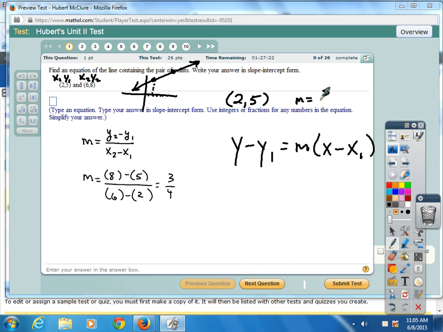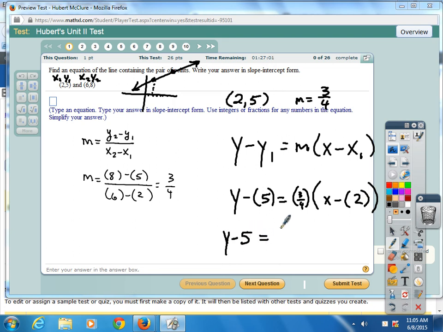Plug it in: y minus parentheses equals parentheses times x minus parentheses. 5 goes here, 3/4 goes here, and 2 goes here. y minus 5 is equal to 3/4 times x minus 2. y minus 5 is equal to 3/4 x minus 6/4.